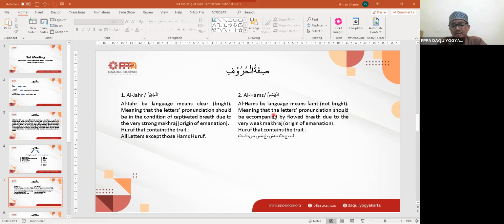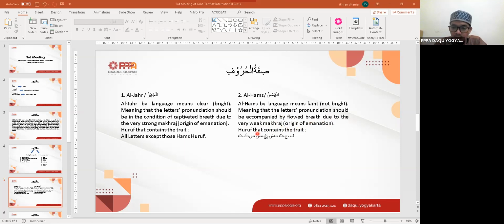In al-hams, as it's the opposite, the breath is flowing. You are allowed to let your breath flow because of the very weak makhraj.